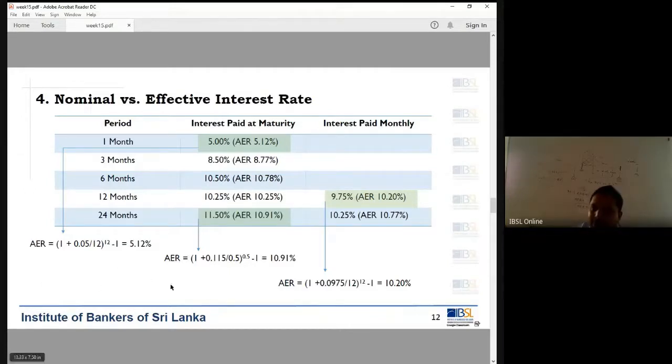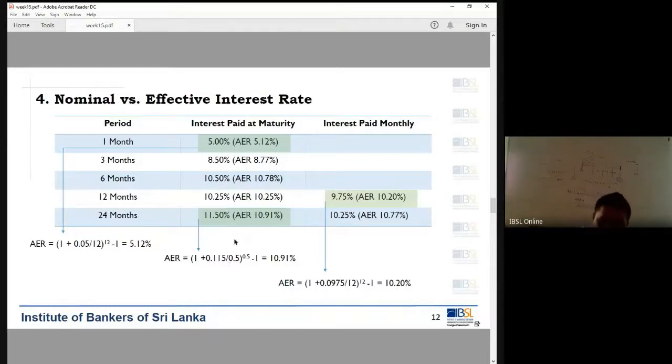compared to 1 year. This 12 is 12 times of 1 month, that is equal to 1 year. This 24 is more than 12, that means this has to be a fraction. Okay, so your M, or the number of periods, this time is going to be 0.5 if you are comparing a 24-month investment.